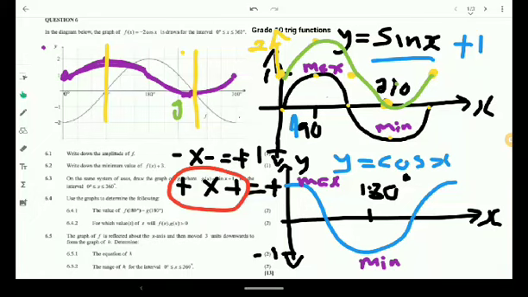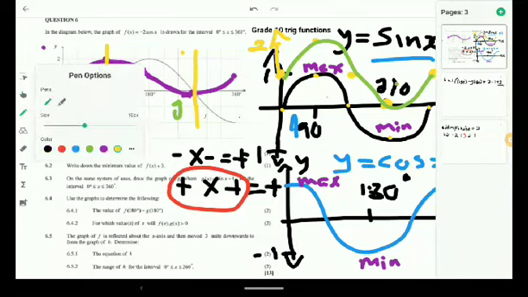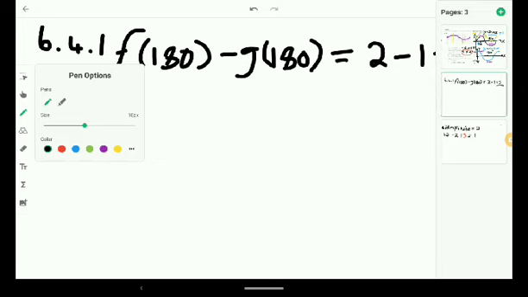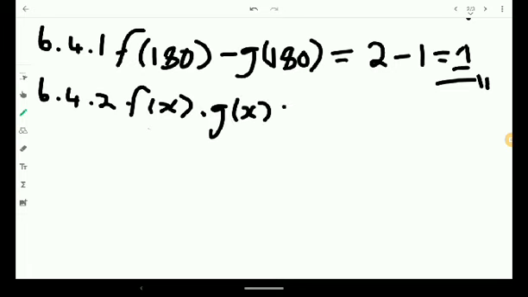It's 2 marks. So when you answer this question 6.4.2, you just say where f at x multiplied by g at x should be greater than 0.